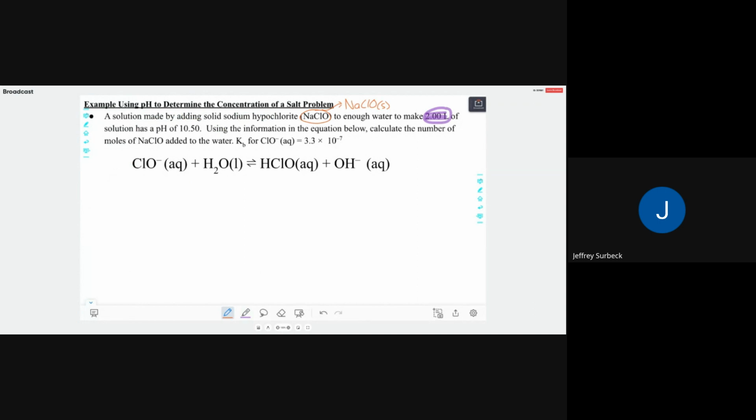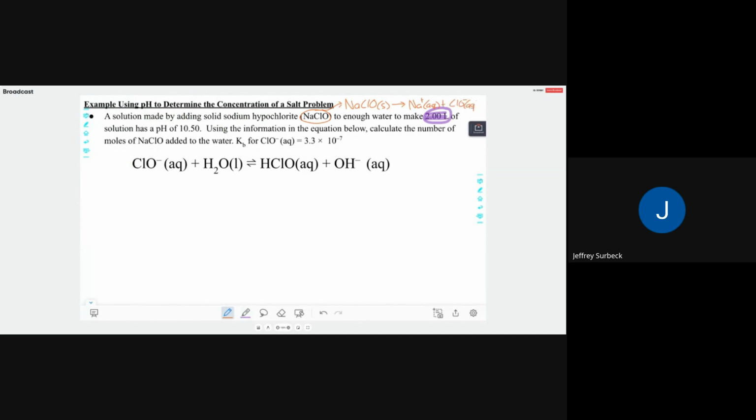Salt water, sodium chloride, I put it in water. It separates. There we go. Very good. So this is going to separate into Na with a 1+ charge, and ClO with a 1- charge.